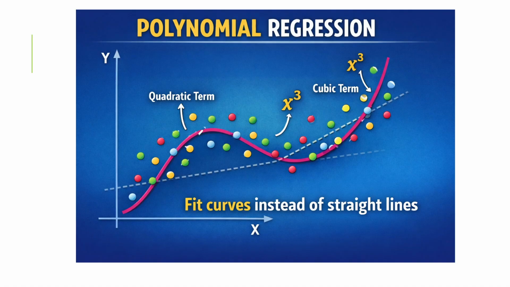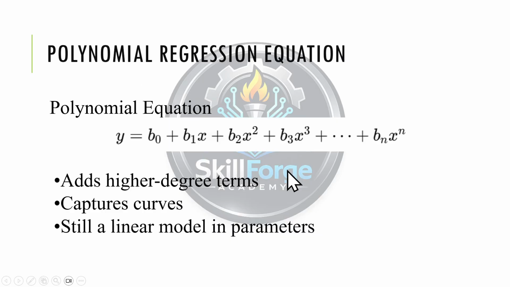So whenever the data is non-linear, polynomial regression gives a better fit. You can see the data points along the curve.